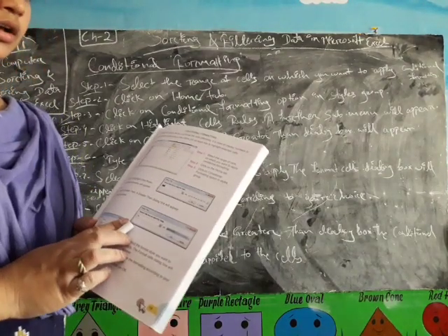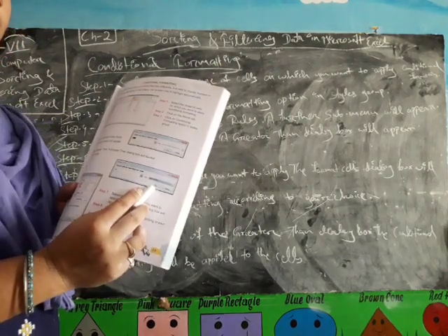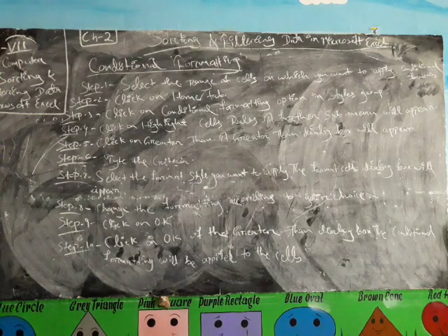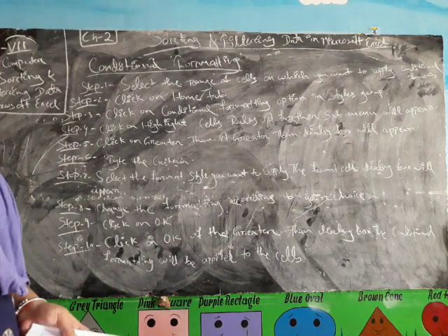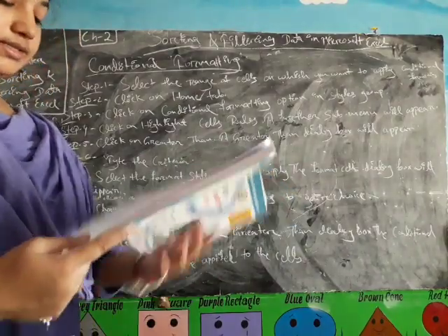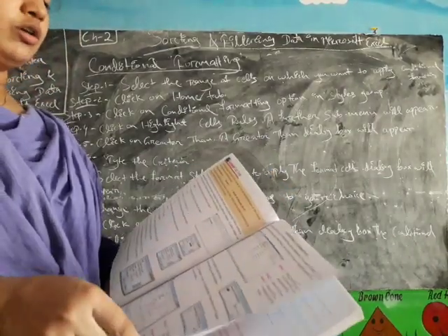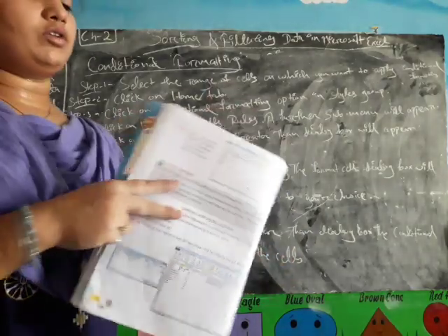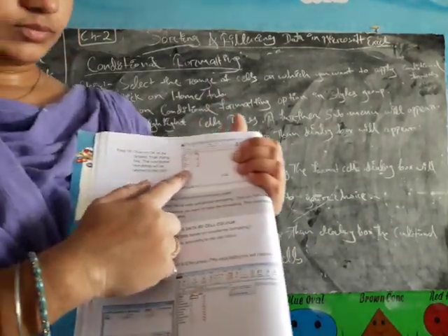After selecting the criteria, we have to click here on OK. After clicking on OK, the conditional formatting will apply to the cells. Means after clicking on OK, it is applied and it will show like this.